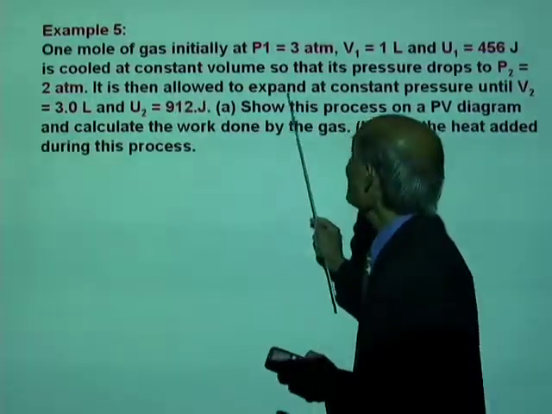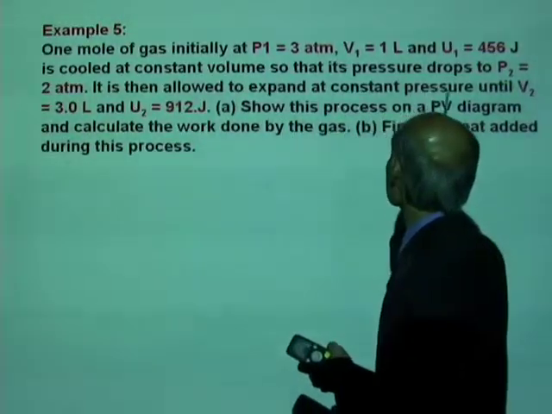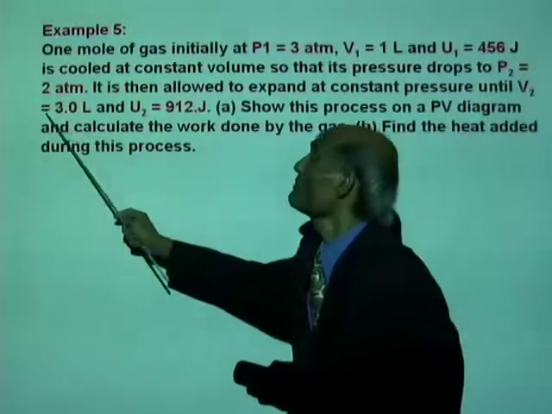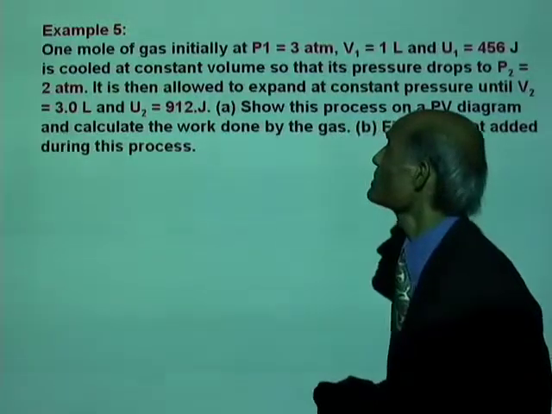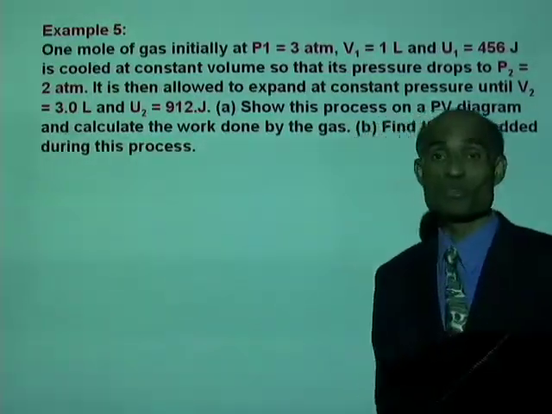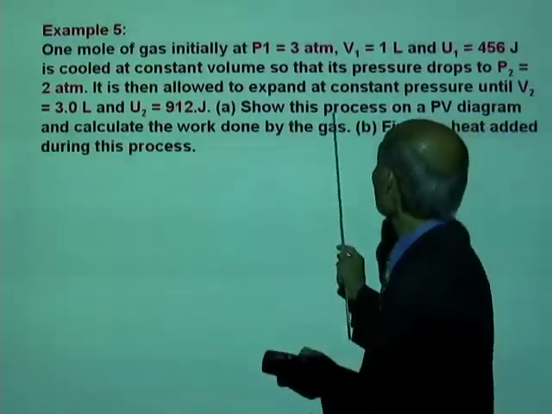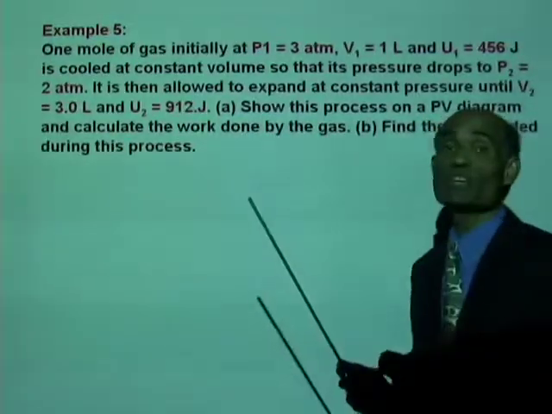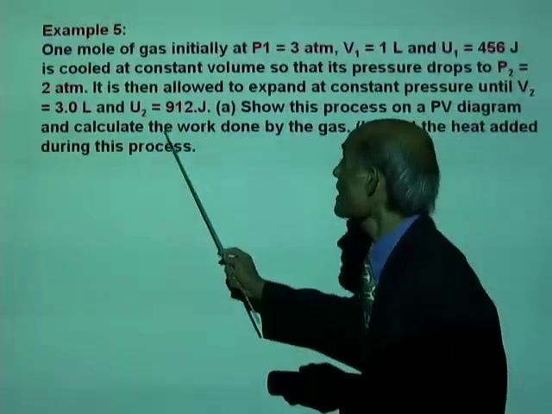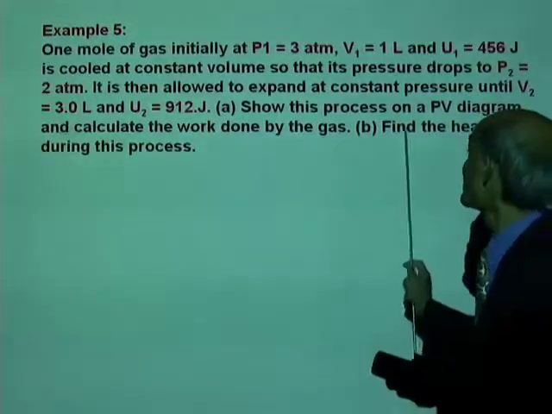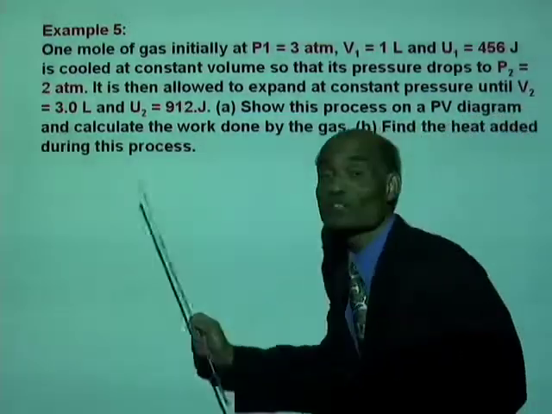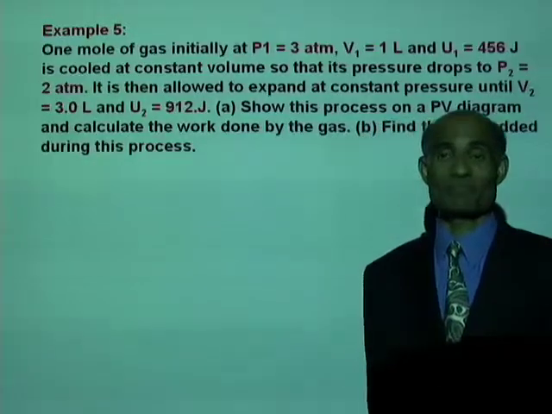It is then allowed to expand at constant pressure until V2 equal to 3 liter and U2 equal to 912 joules. Show this process on a PV diagram and calculate the work done by the gas. Also find the heat added during this process.